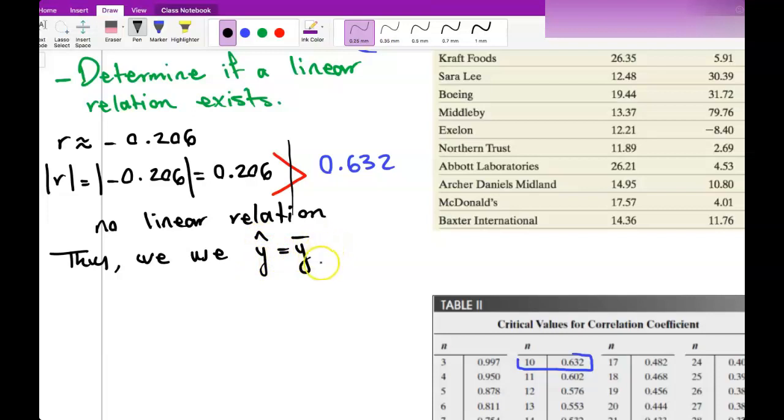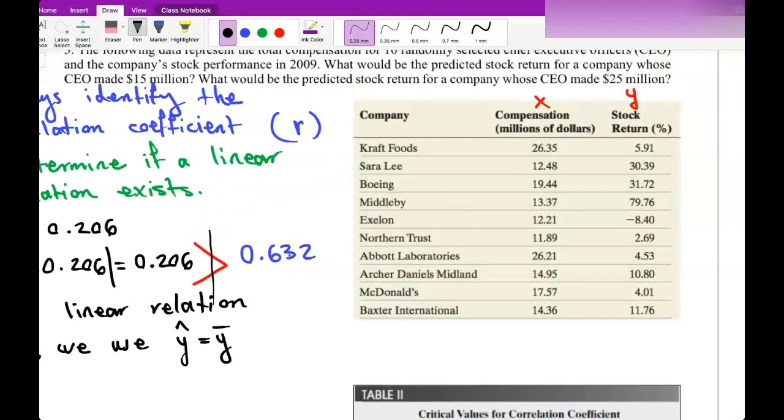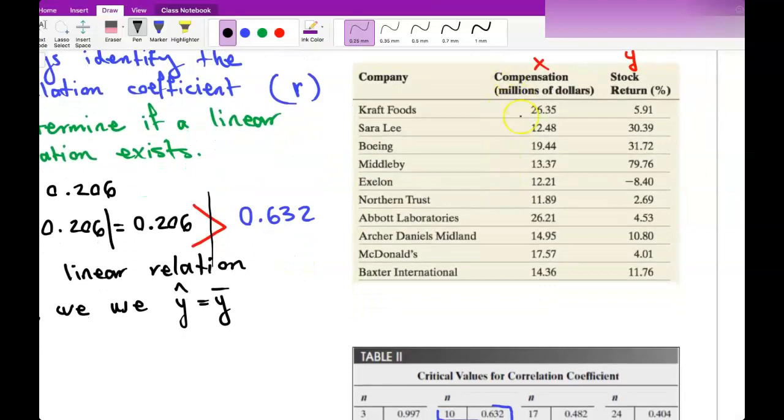And the next step, we should find what that y bar is. So here we have our x's, X bar. Here we need Y bar. We already have our data in the calculator, as you entered all this data in edit.